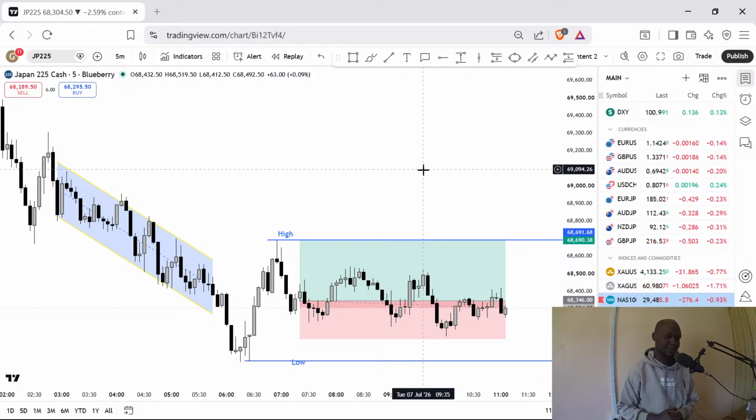This bias should stop playing around and start taking prices higher aggressively.